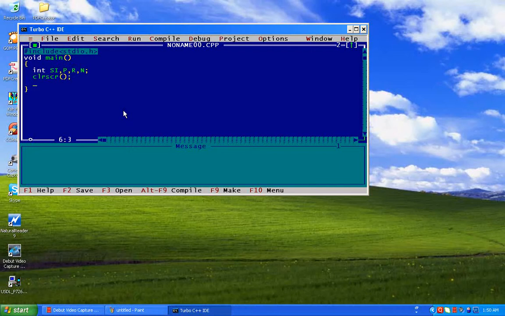Here we are writing enter the principal amount. Make sure you are writing all the functions in small letters.